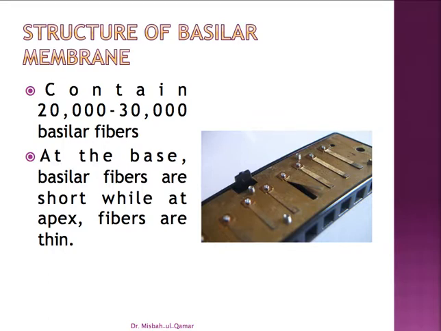Now, the arrangement of these fibers is very particular on this basilar membrane. At the base of the cochlea, the basilar fibers are short and thick and stiff, while at the apex of the cochlea, the fibers become thin and long.